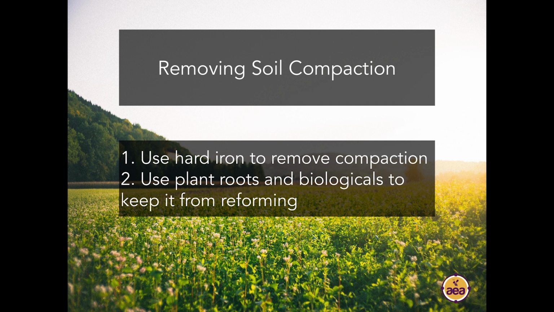If we want to be effective, if we have deep compaction zones, as in thick compaction zones, several inches thick, and they are shallow, less than 12 inches deep, I believe it is imperative that we fix that compaction using equipment and develop a deep enough zone that we can have good biological activity and good gas exchange and good air and water flow through that soil profile. And then once we've removed that compaction, we can use plant roots, cover crops, and crop roots and biologicals, biostimulants to keep that compaction zone from reforming and to form very strong soil aggregates.